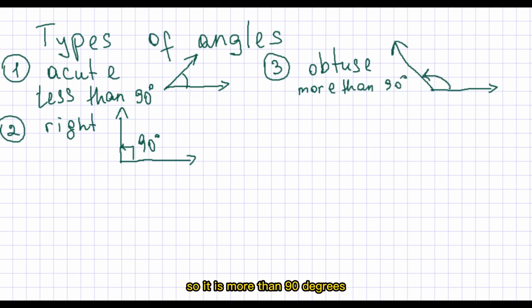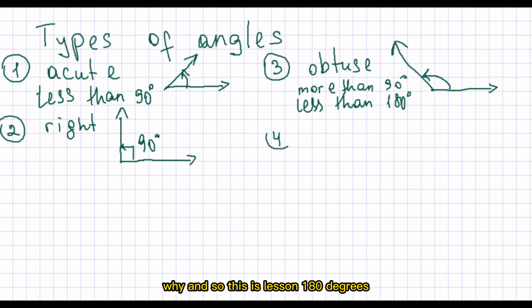So it is more than 90 degrees. Let me mention this. So it is very important, ladies and gentlemen, to define which turning we mean. I will tell about it some seconds later why. And so this is less than 180 degrees.